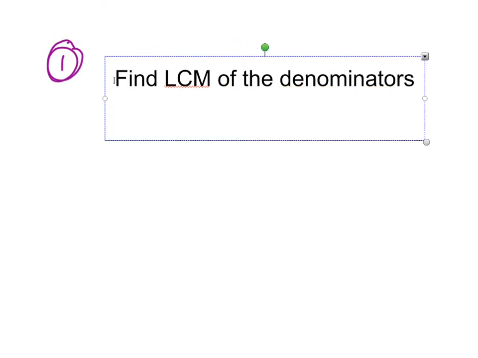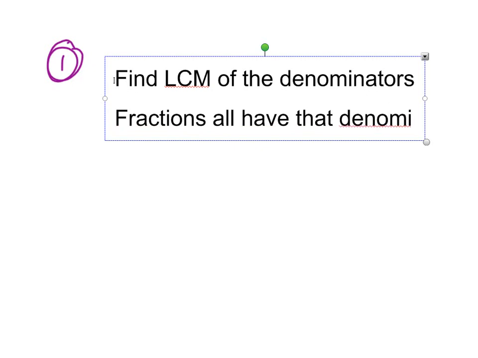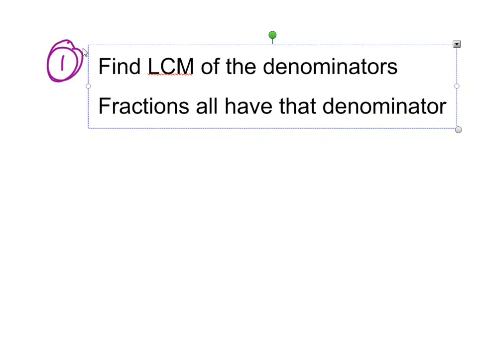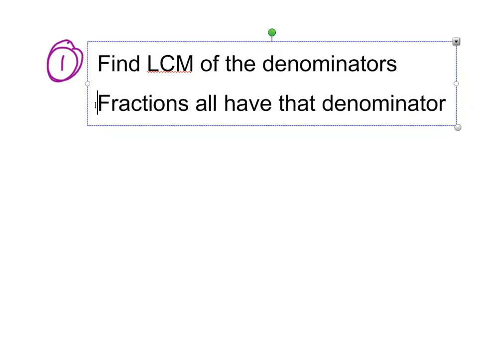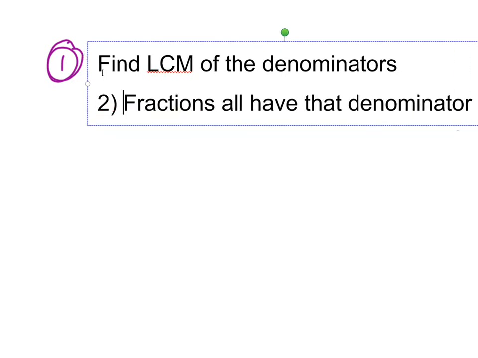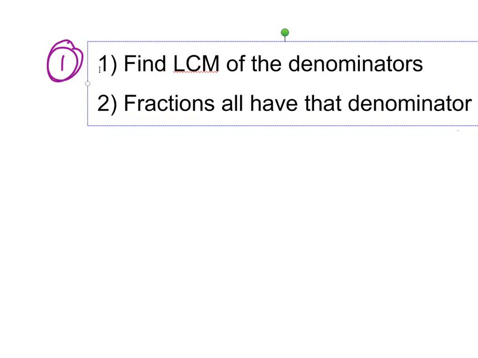Once we find that, if they're already the same, you don't have to do this. You leave it alone. Once you find that, you're going to make your fractions all have that denominator that you found in step 1. Okay? So this is step 1, and this is step 2. So these are the process we're going through.